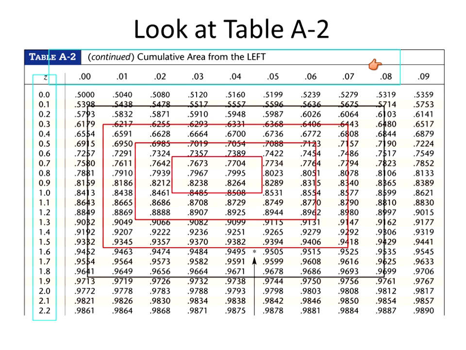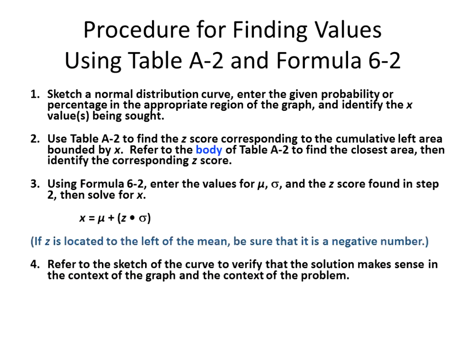And the body of your table has your areas. So remember, areas are in the body of the table. Okay, so I am going to go over the transformation formula, but notice it's written a little differently this time. All right, so let me go ahead and remind you about what that formula looked like before, when I first started talking about this.